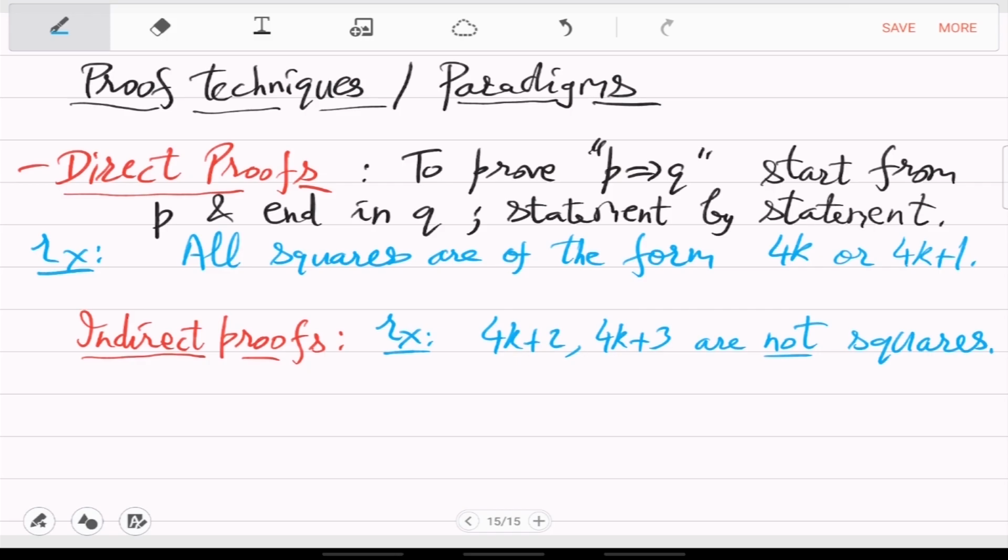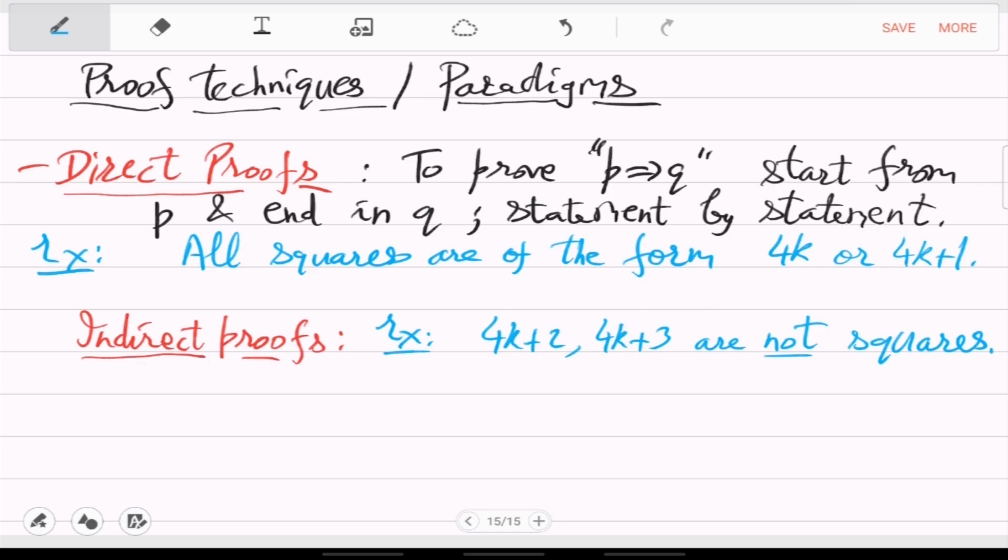So instead you study squares, and there you deduce 4k plus 1. And then from there you indirectly conclude that everything else is not a square. So that's 4k plus 2 and 4k plus 3. Which is kind of again a proof by contradiction. It's an indirect proof.